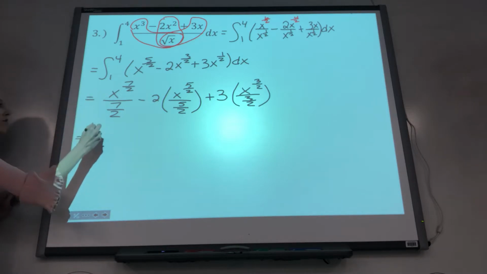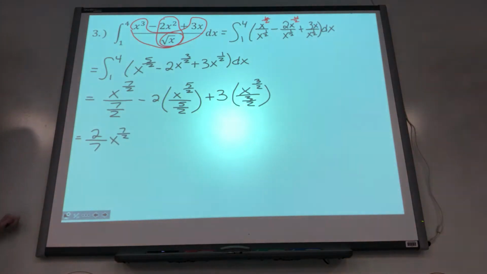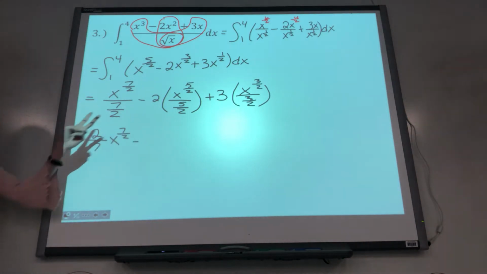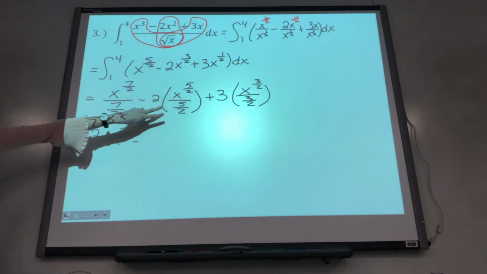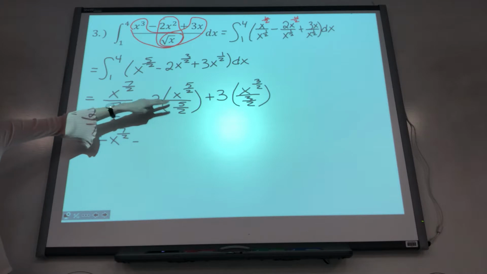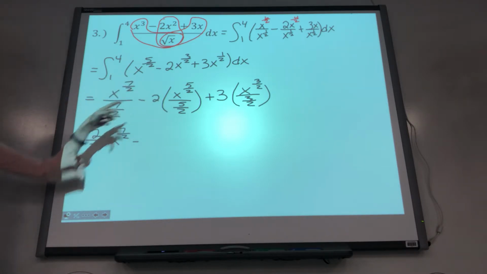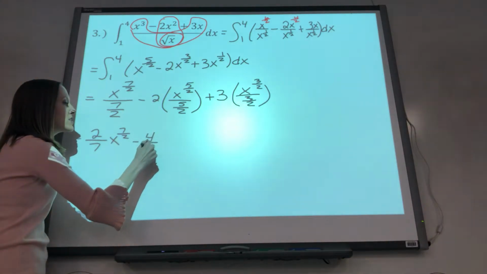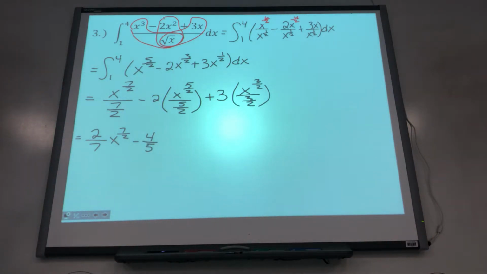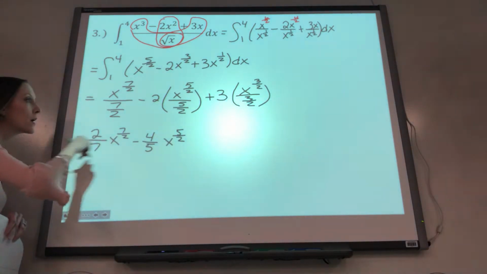So flip that over, it becomes 2/7 x to the 7/2 power minus, sometimes this is tricky right here, if I flip over this fraction, it becomes 2/5, but the 2 on top and the -2 right there, you can turn that into a -4/5, and then it's still just x to the 5/2 power.